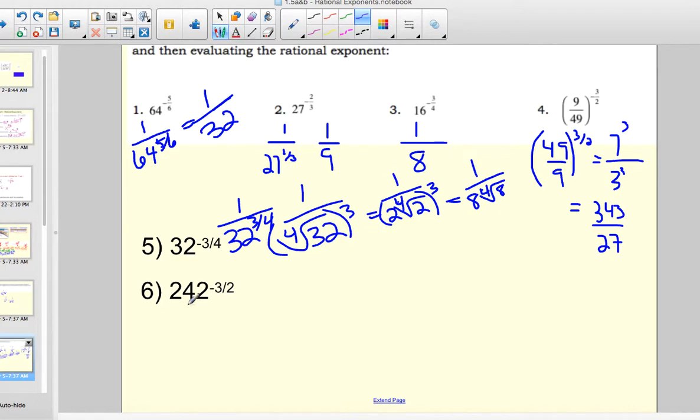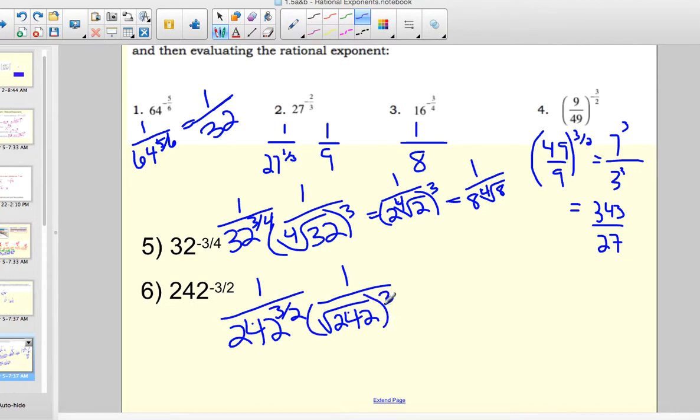This one's even trickier. Get rid of the negative first so that you have 1 over 242 to the positive 3/2. And then we're going to take the square root of 242, the index being the denominator, and then all raised to the 3rd power.